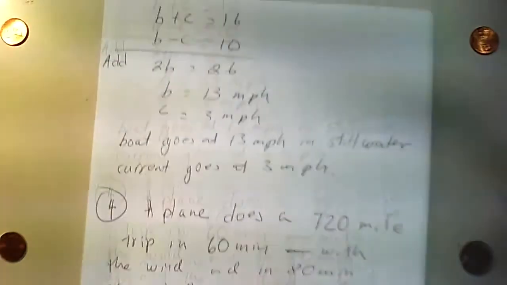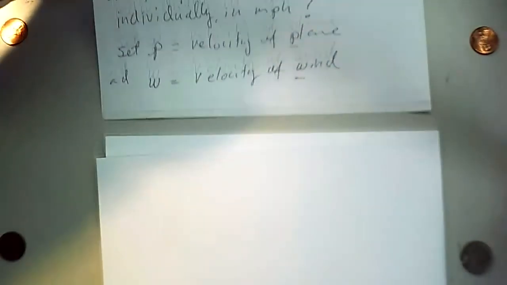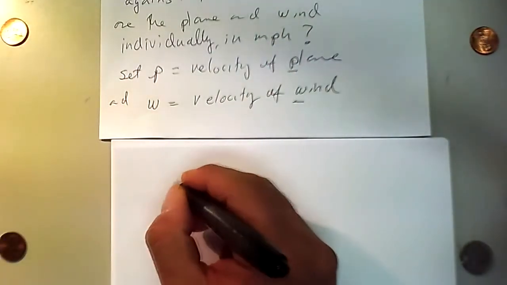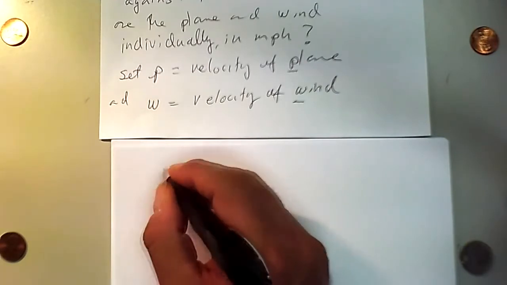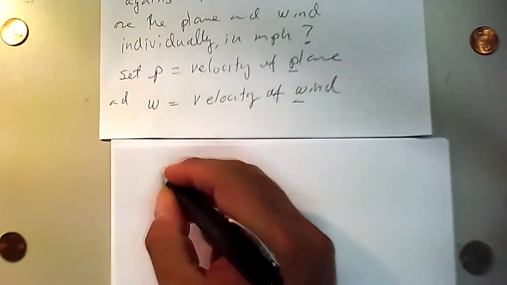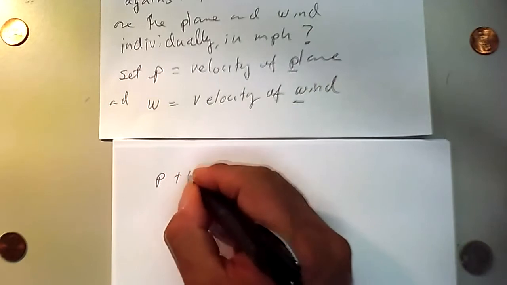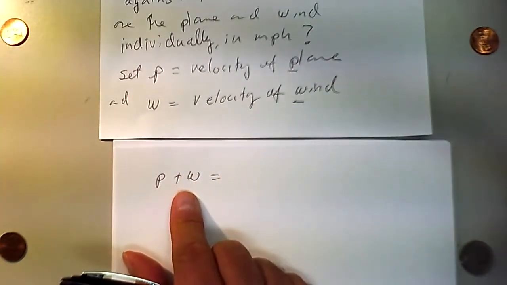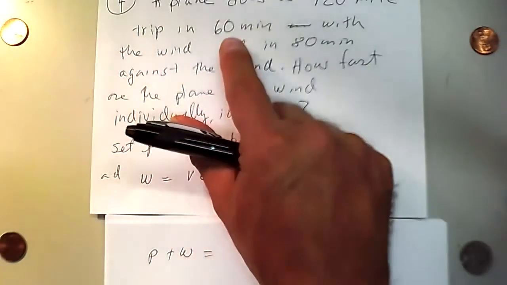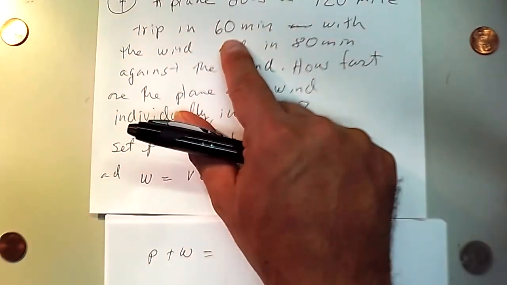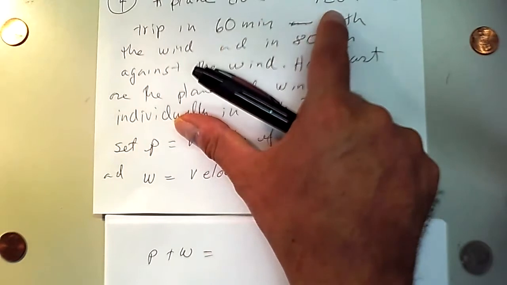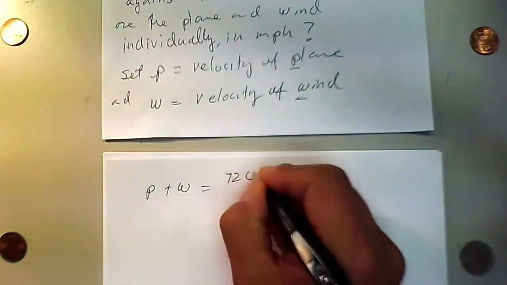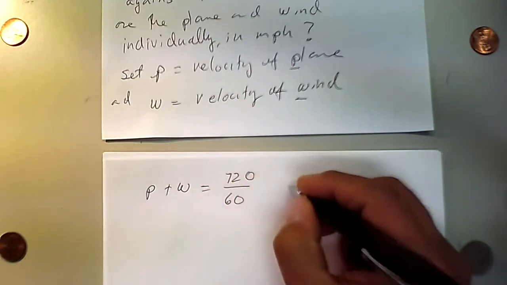Okay. So what are the equations that we come up with? Well, together they go faster than against one and the other. So P plus W, the velocity of the plane plus the velocity of the wind, is 720 miles in 60 minutes. 720 over 60.